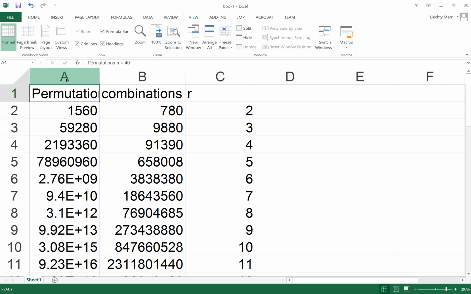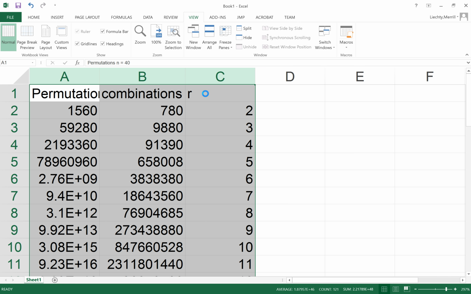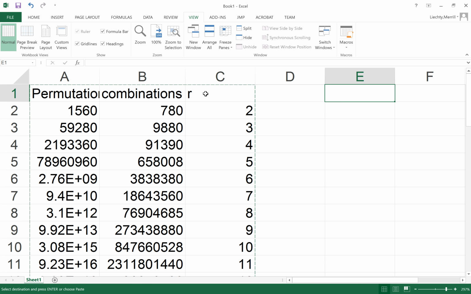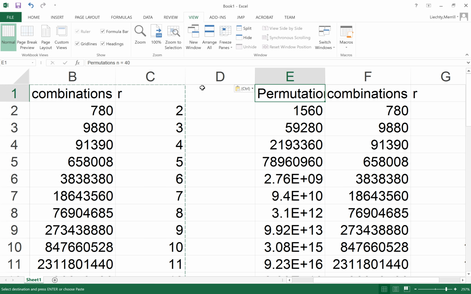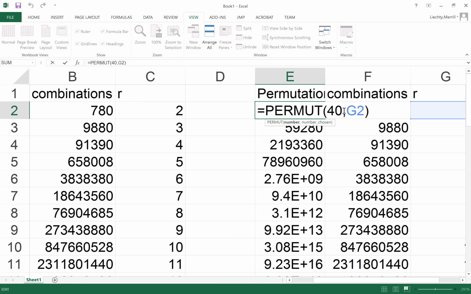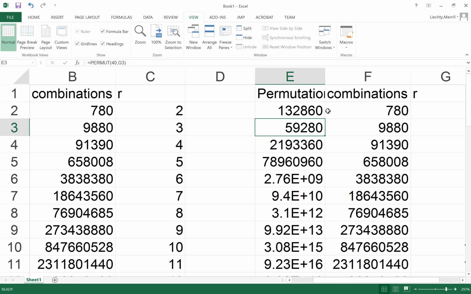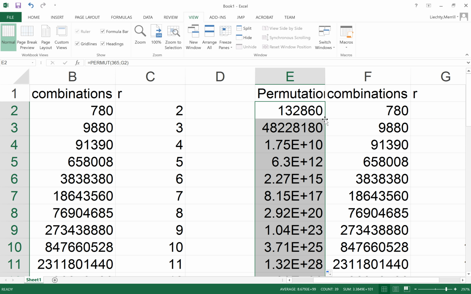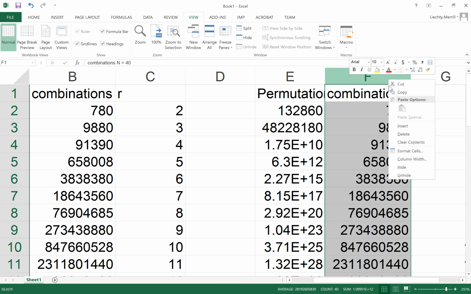So I actually need to copy this stuff and paste it in here again and change this from permutations when n is equal to 40 to 365. And so this needs to change to 40, 365. And I actually don't want this anymore.